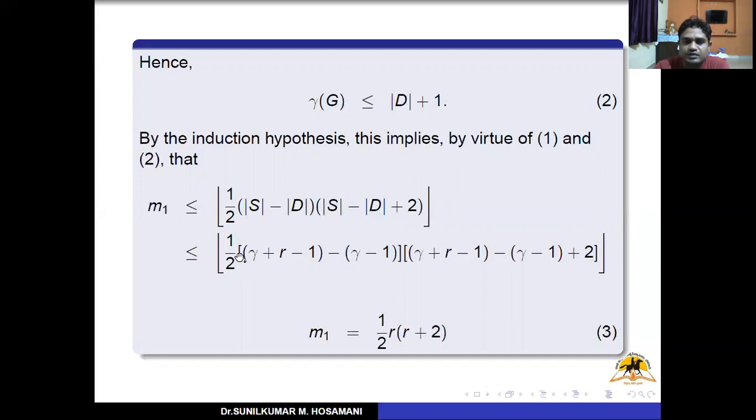After simplifying this I will get M1 is less than or equal to 1 by 2 R times R plus 2. So this is my M1.